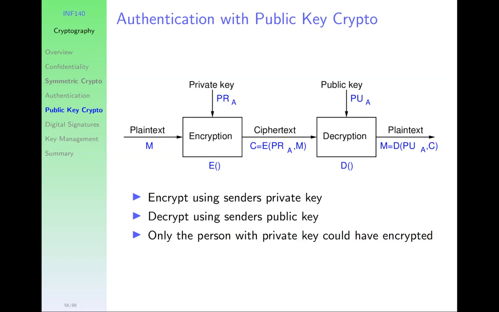Bob takes it as input, together with Alice's public key, then decrypts it and gets the original message M. If the message is indeed sent from Alice, then since Bob used Alice's public key, Bob should be able to recover the original message M. But if the message was not sent from Alice, then using Alice's public key will not give a recognizable plain text.